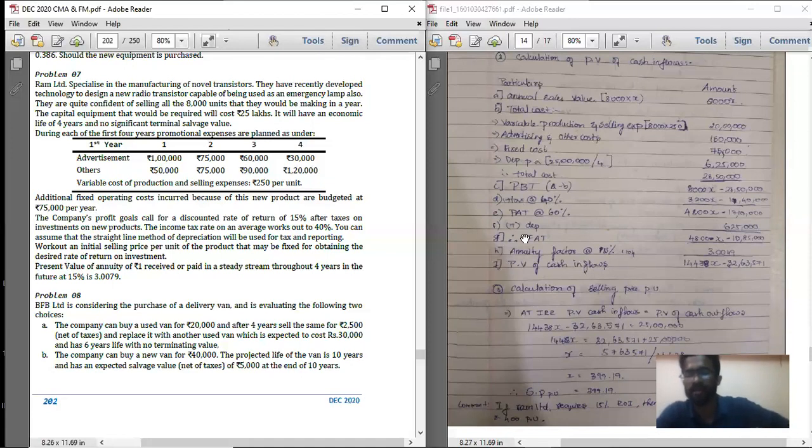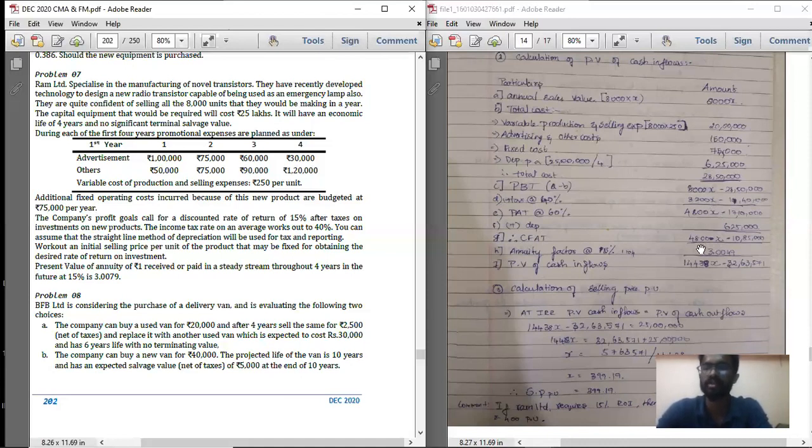On that, if you add depreciation, you will get CFAT. Below that, small f, add depreciation. The depreciation we calculated in total cost is 6,25,000, so add it. In the amount column, record 6,25,000. Now total it.